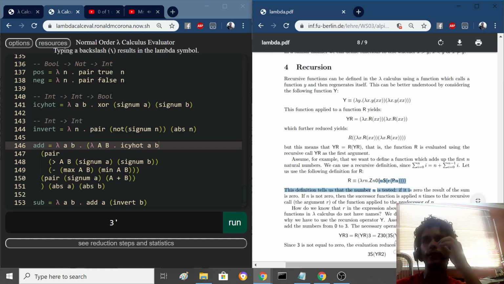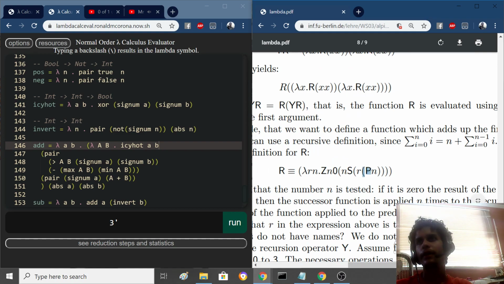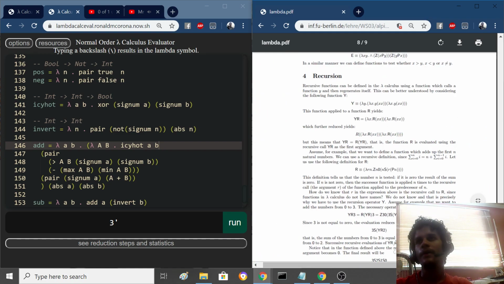If not, we return this stuff in the parentheses, which is we add n to the recursion, that's what the little r is, and instead of n, we pass in p of n, which is the predecessor of n, which is 1 less than n.